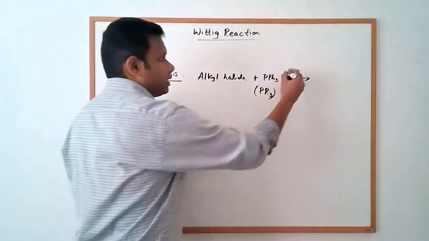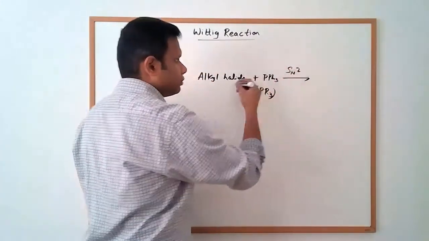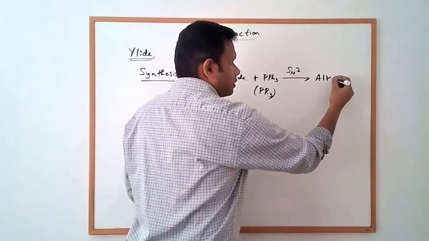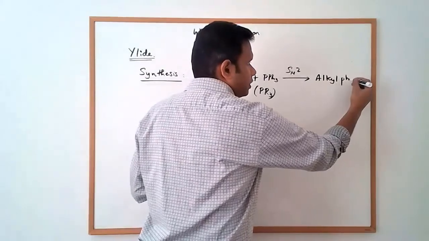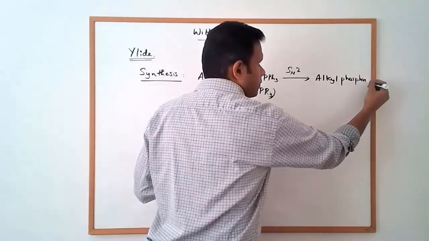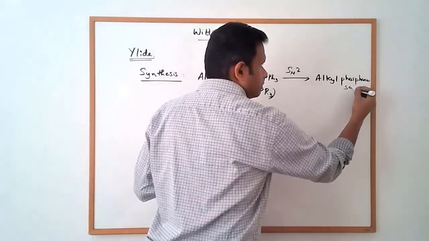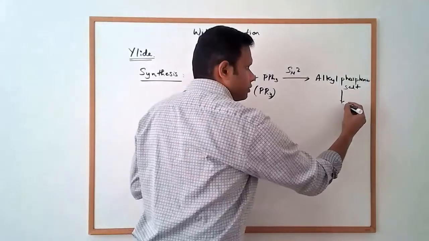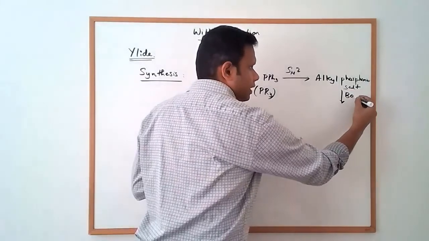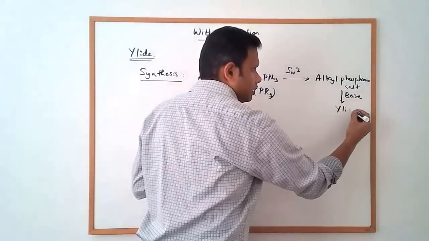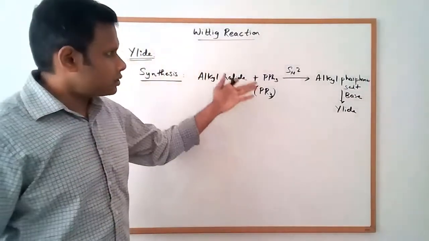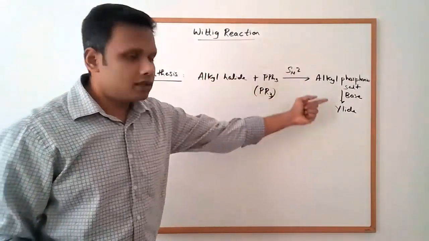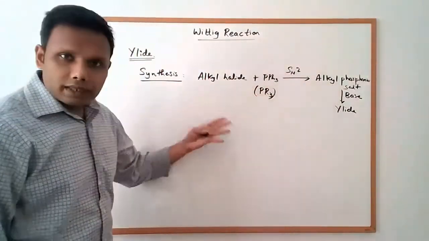There is an SN2 reaction between these two, which gives us an alkyl phosphonium salt. Then the alkyl phosphonium salt is treated with a base to give the ylid. That's the synthesis. So it's a two-step process from an alkyl halide to synthesize the ylid. So let's look at that.